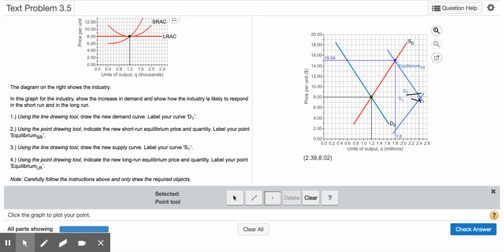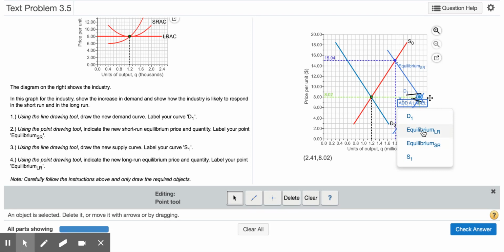Okay, this should be close enough. This is the equilibrium in the long run.